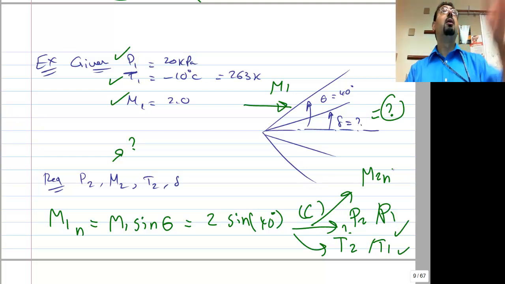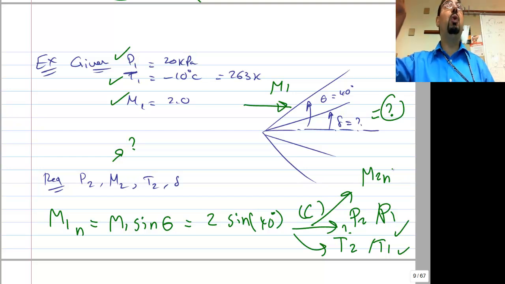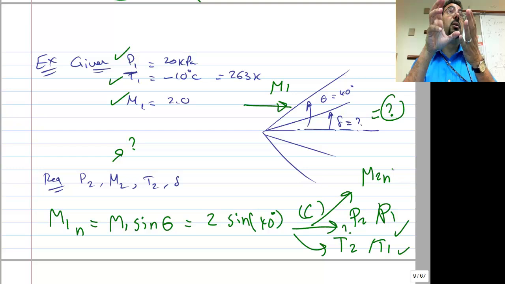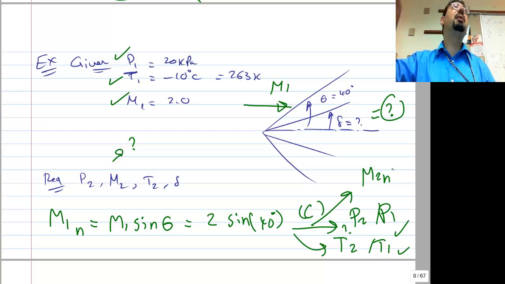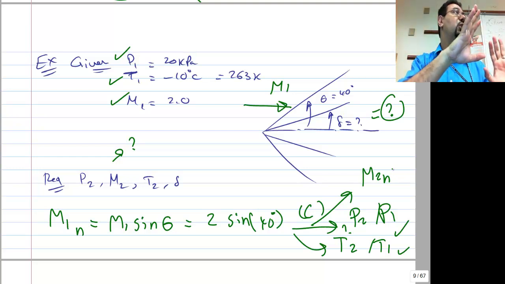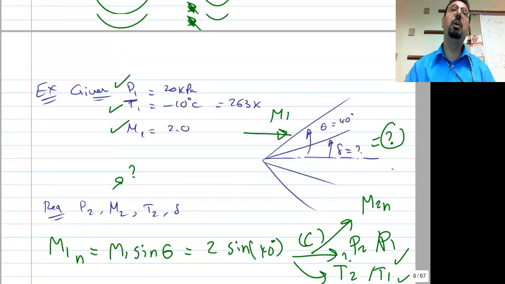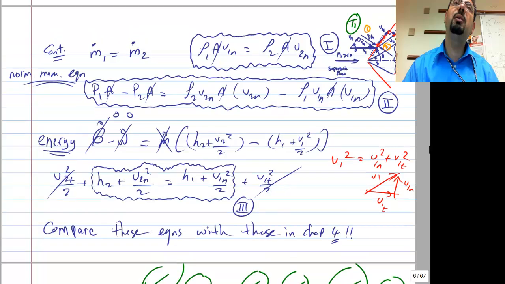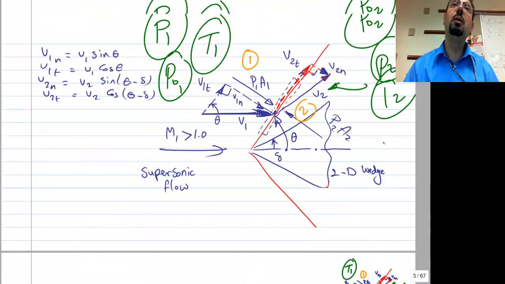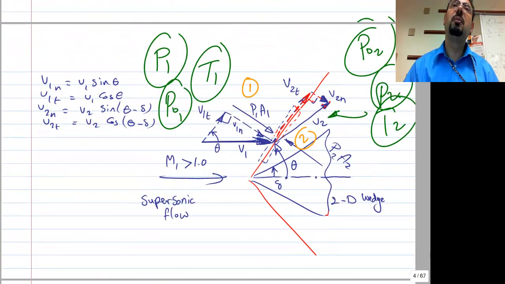Divided by sine. So M2 normal and M2 are related to each other by sine of theta minus delta. So notice M1 normal is much easier. M1 normal is M1 sine theta. But M2 normal is a little bit complicated. It's because of this. It's sine of theta minus delta.